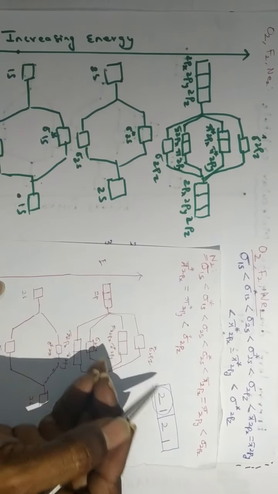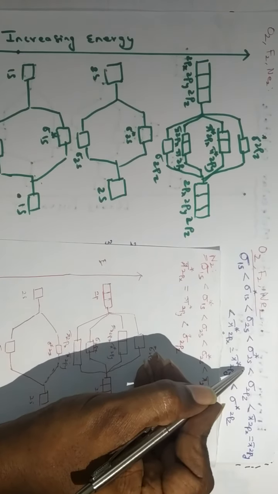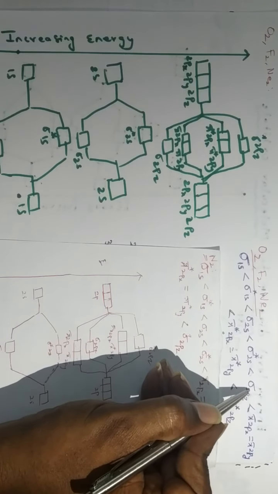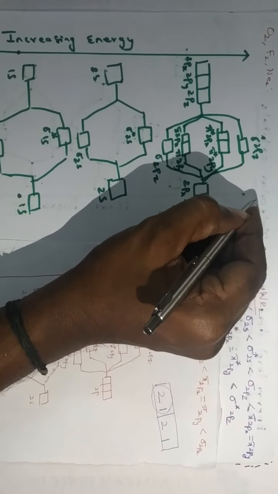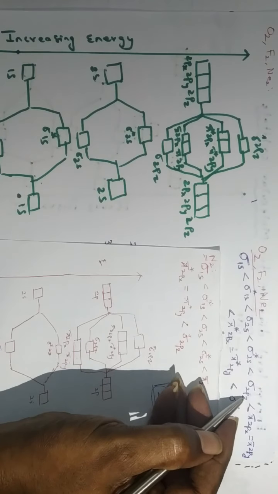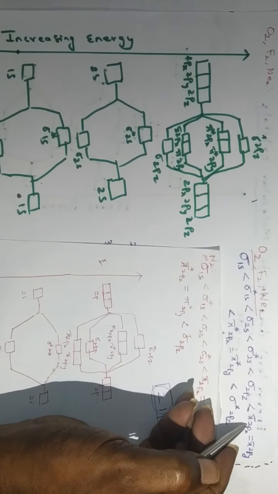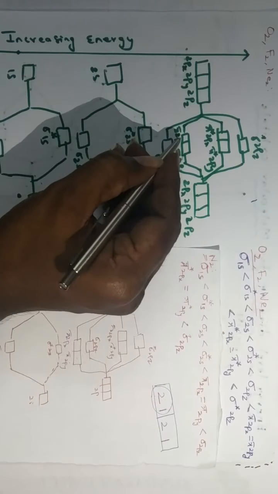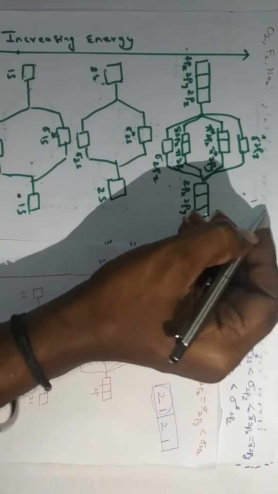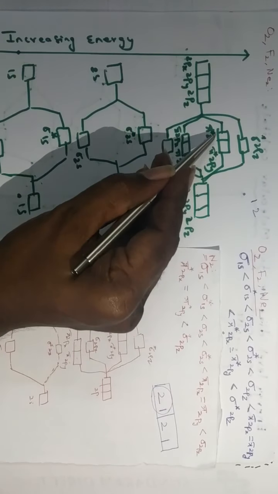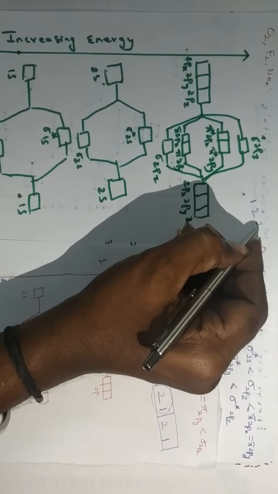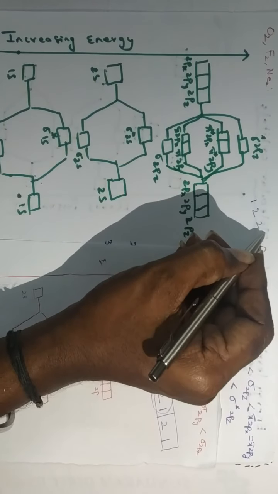Whereas in the case of oxygen, after sigma star 2s it is sigma 2pz, which is one box, that is one orbital. So you can understand it like this: 1 for sigma 2pz, then pi 2px, pi 2py, which is two boxes, 2 orbitals, followed by pi star 2px, pi star 2py, two boxes, two orbitals, so 2 again, and sigma star 2pz is 1.